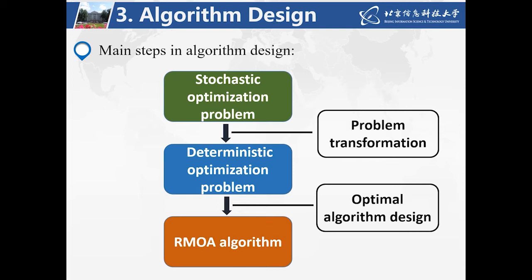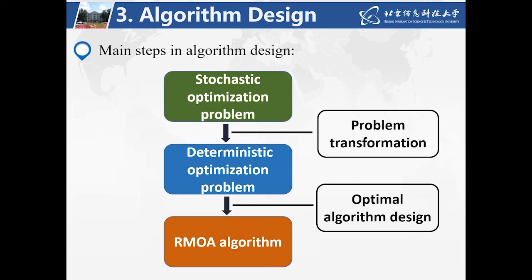Then in this part, we solve the formulated stochastic optimization problem in 2 steps: problem transformation and optimal algorithm design.